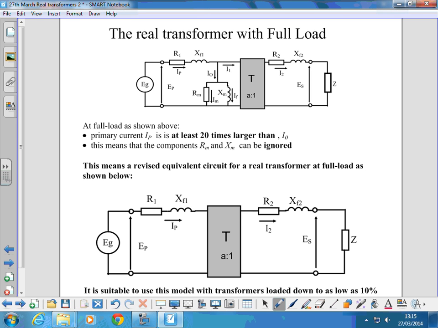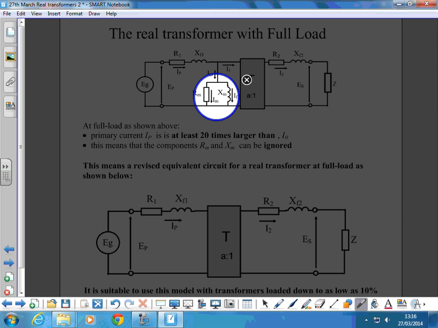Under those conditions, the current IP here is at least 20 times larger than this magnetizing current down that parallel branch. Hence, that current down the magnetizing branch and the core losses at full load, in terms of everything else, can be ignored. So we lose those two components under those conditions.